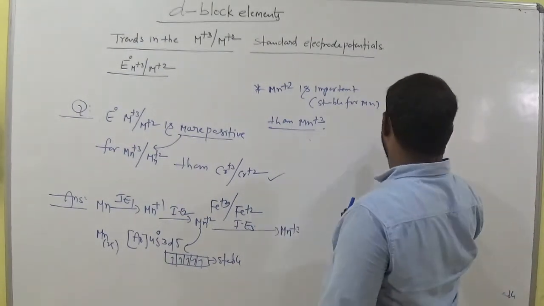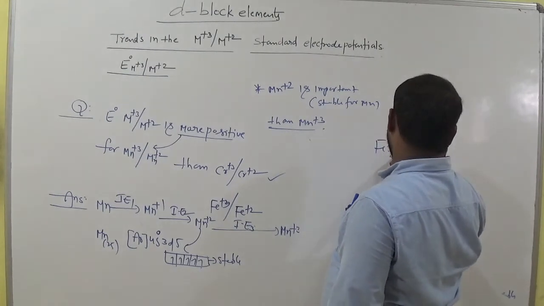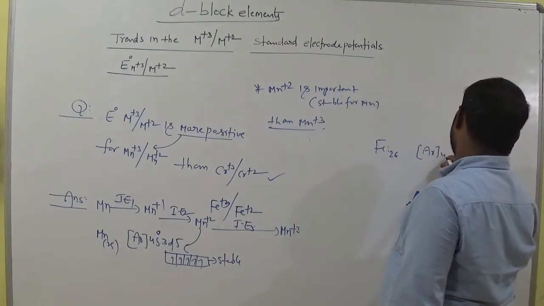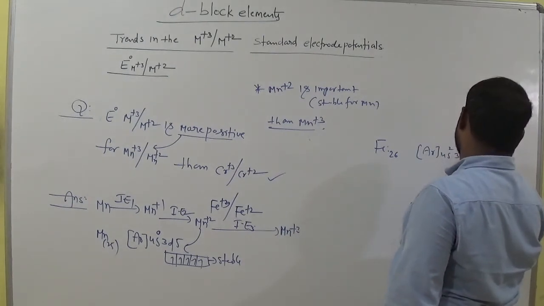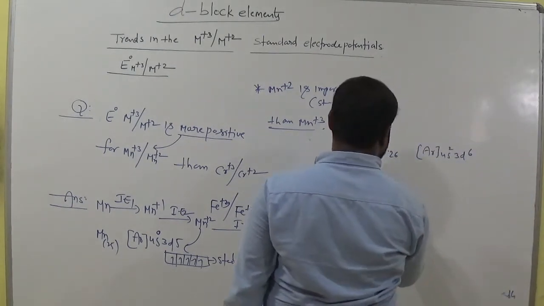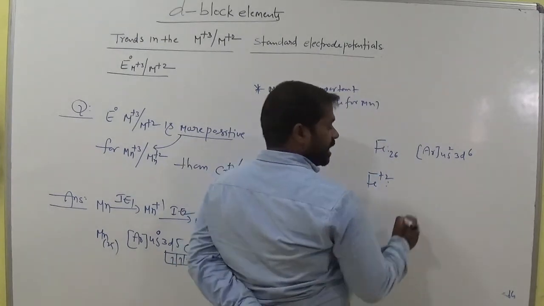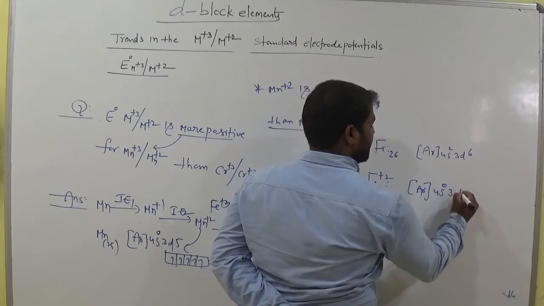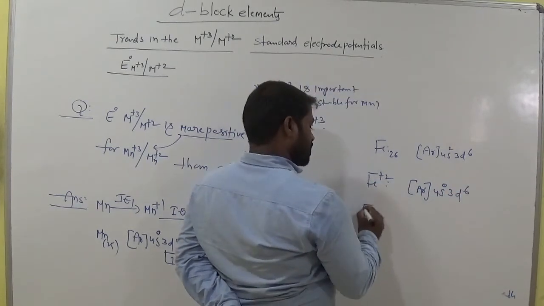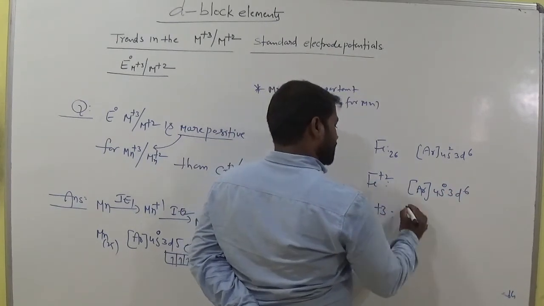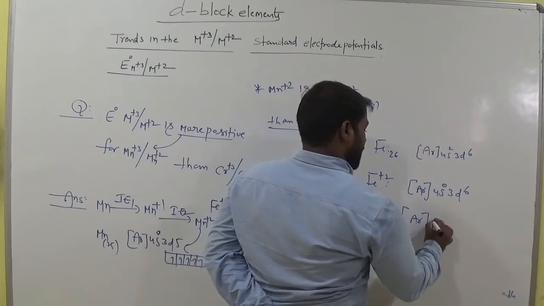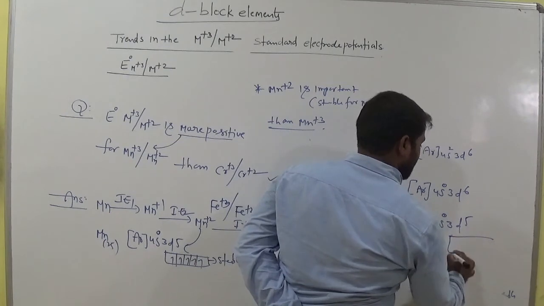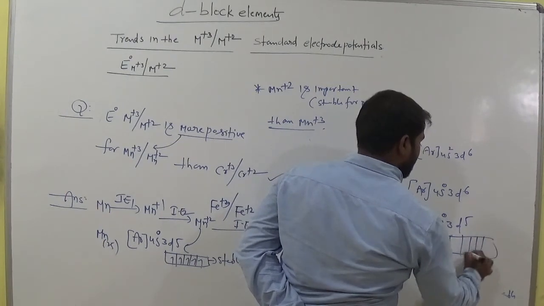Come to iron. What is the atomic number? 26. So argon 4s2 3d6. Is Fe+2 possible or not? Possible. Fe+2 means removing 2 electrons from 4s, then it is 3d6, which is unstable. Fe+3 means removing 1 electron from 3d, then it becomes 3d5, a half-filled electronic configuration.